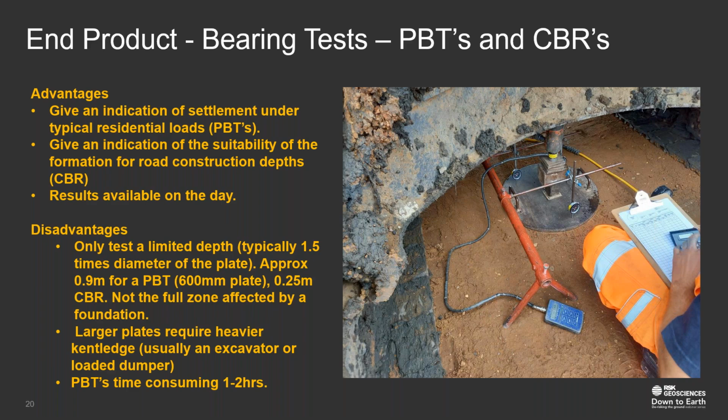Both the plate bearing test and CBR tests basically involve loading up a plate, an unyielding metal plate, with a given load, somewhere between 1.5 and 3 times the actual load that we're going to place on the ground, in a series of increments or steps, and seeing how the ground performs underneath the plate, how much settlement and deflection we get.